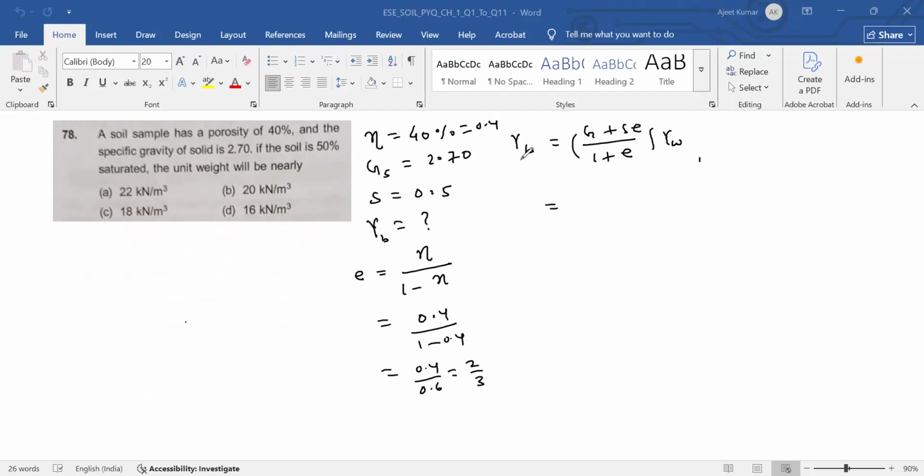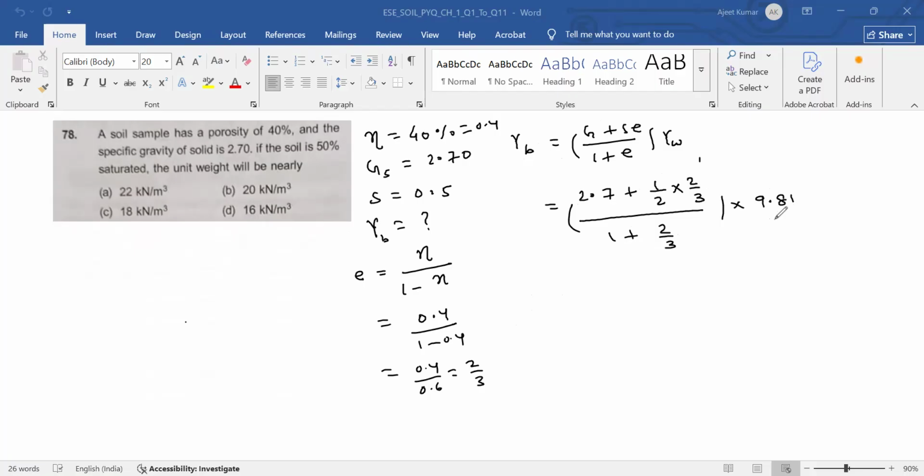Okay, so now we calculate gamma B. Gamma B is G, 2.7, plus SE, S is 0.5, that is 1 by 2, into E is 2 by 3, divided by 1 plus E, 2 by 3, into gamma W 9.81.